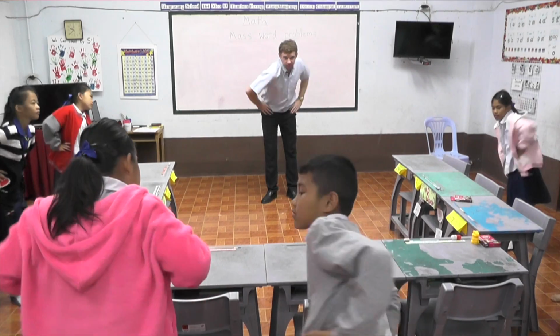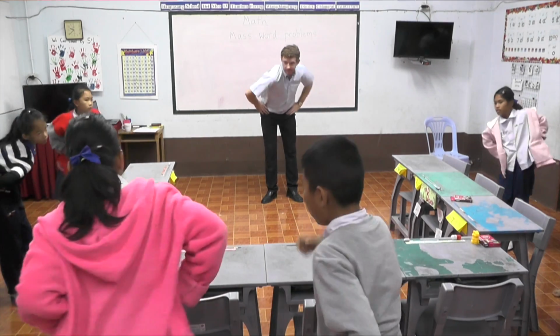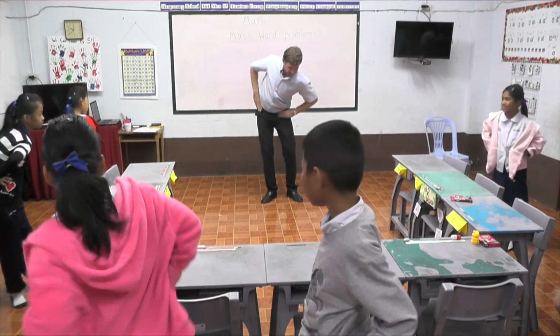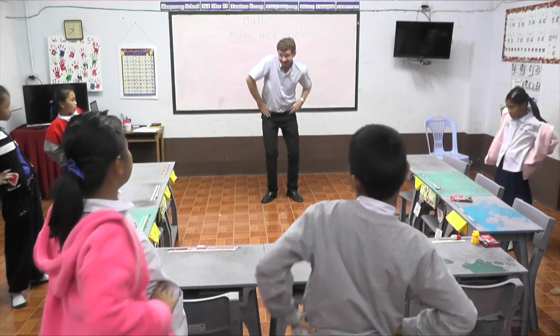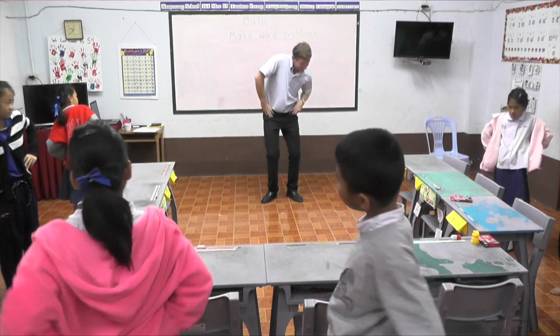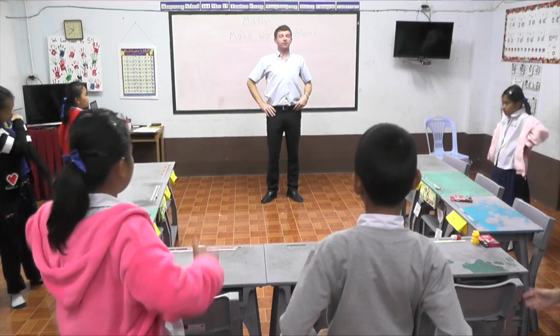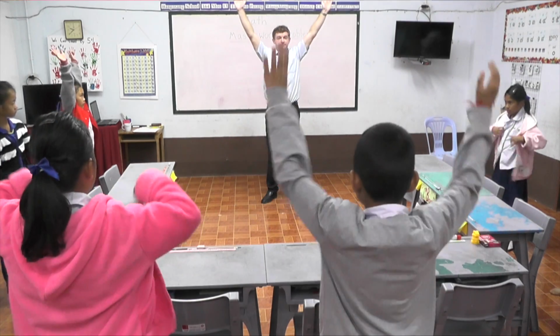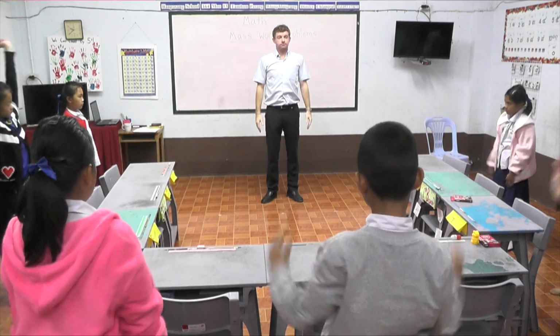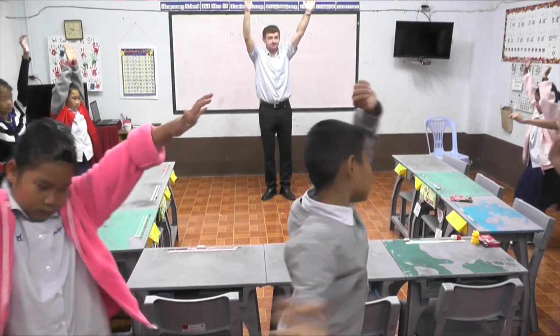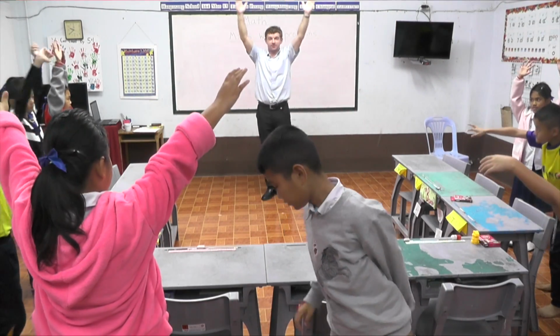Roll our shoulders. And now, can we go back the other way? Stand up straight. Hands in the air. Hands down. Hands up. Turn around. Let's go back the other way.